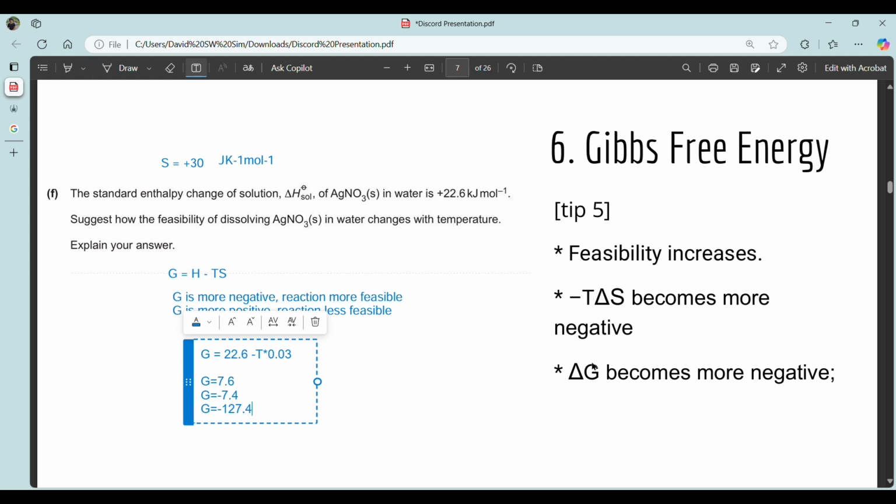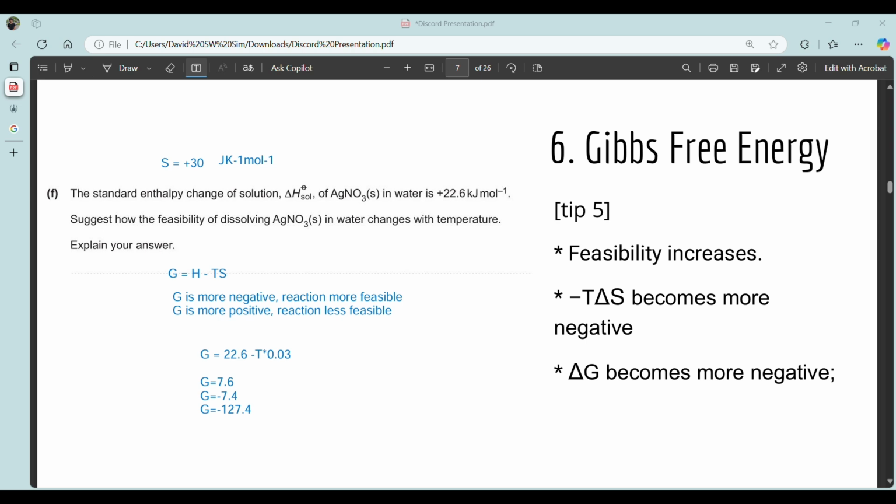It will happen more and more easily. This is why in many lab experiments, it helps to heat it up a little bit, especially for organic, because it makes the Gibbs free energy more negative, so the reaction would start occurring more easily. Any questions for this?